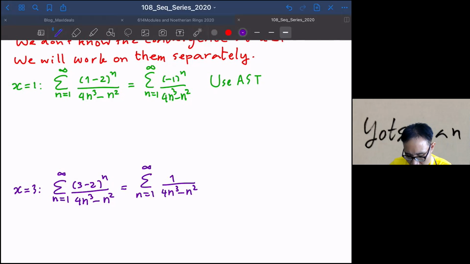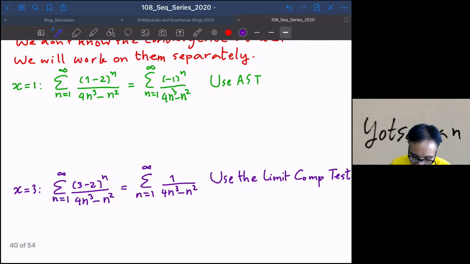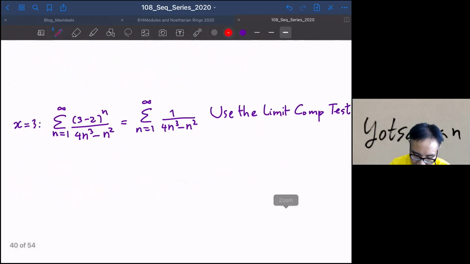And for this one, you will just use the limit comparison test. You have 2 ways to do this too. When you use the limit comparison test, you would like to find the limit as n goes to infinity of a_n over b_n.